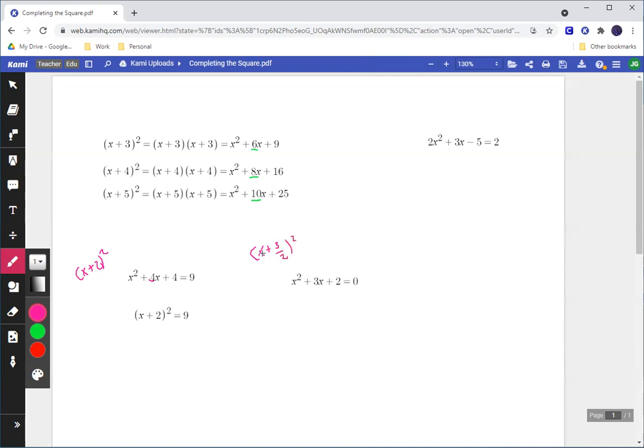So looking at this 3, we know that we're looking at the binomial of x plus 3/2 because of that 3. And since that 3/2 is there, we know that this number should be 3/2 times 3/2. So in here, we're really looking for this times itself, 3/2 times 3/2, which is 9/4.